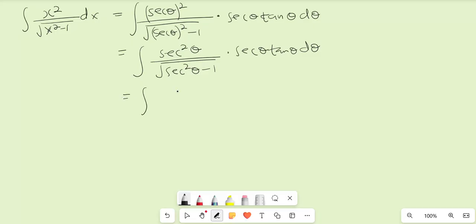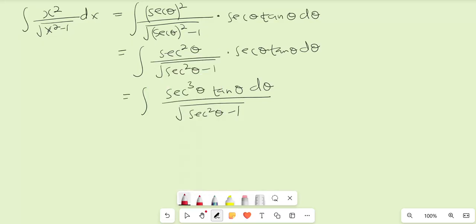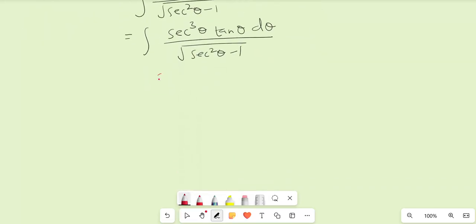The numerator simplifies to secant to the third power of theta tangent of theta d theta, all divided by the square root of secant squared theta minus 1. The Pythagorean identity for trig: secant squared theta is equal to 1 plus tangent squared theta.